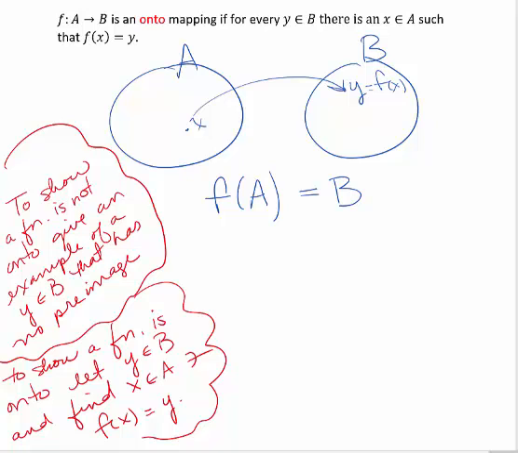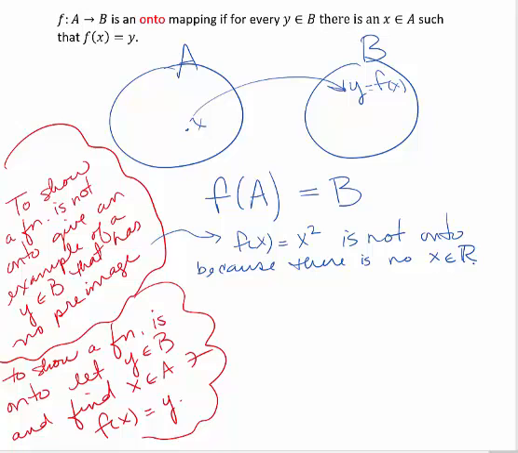For example, if f of x, again taking R to R, is equal to x squared, then f is not onto, because there is no x in R with f of x being equal to -1, for example.